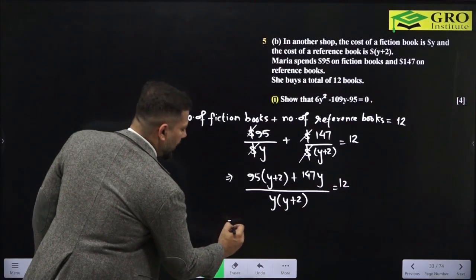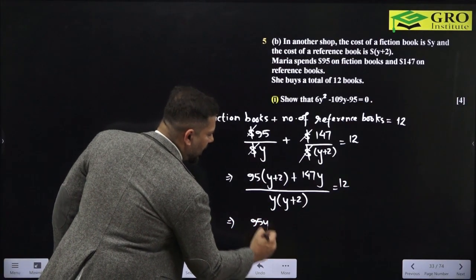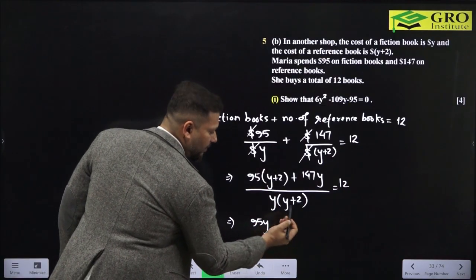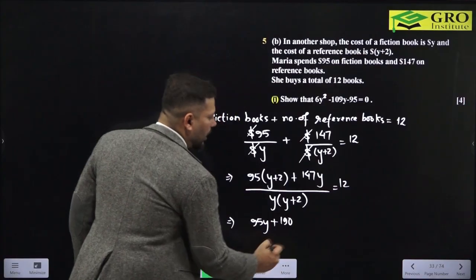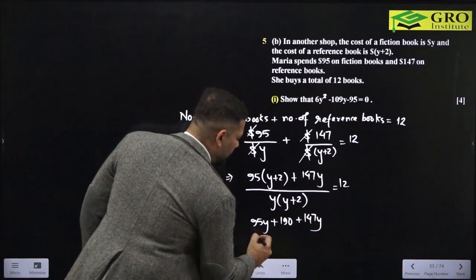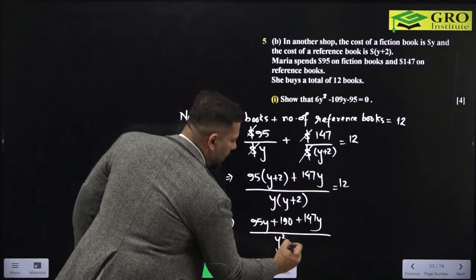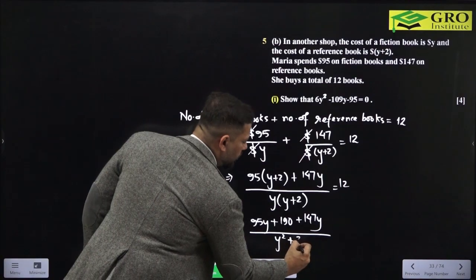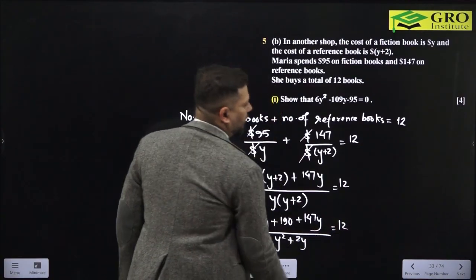So let us open the bracket. 95 times y would be 95y, 95 times 2 would be 190, and here we already have 147y. Upon this y times y would be y square, and y times 2 would be 2y, and this whole thing is actually equal to 12.